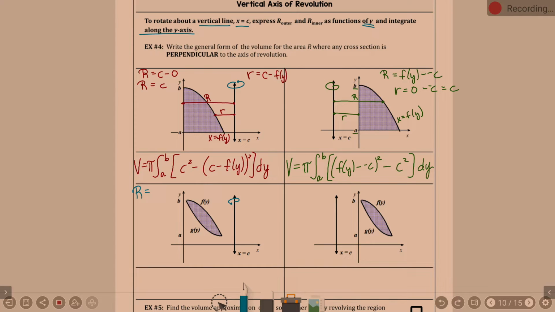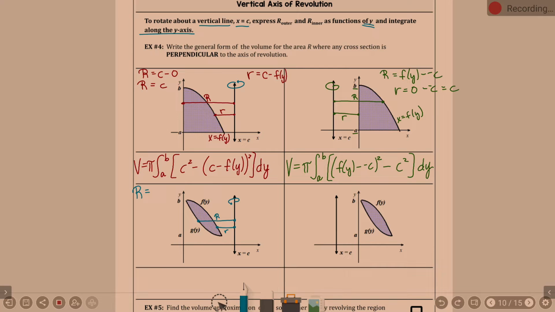Now, as we're looking at this, axis of rotation to the farthest one is going to be my big R. Axis of rotation to my closest one is going to be little r. So how would you define big R there?